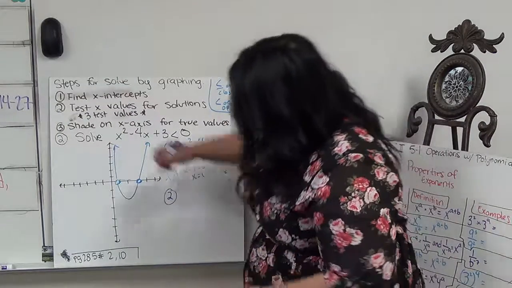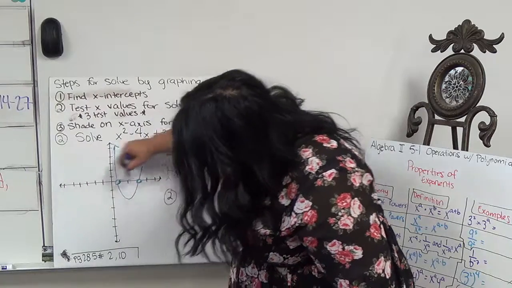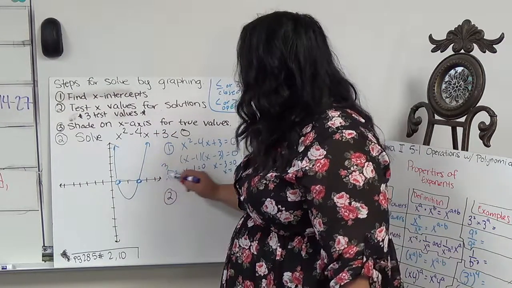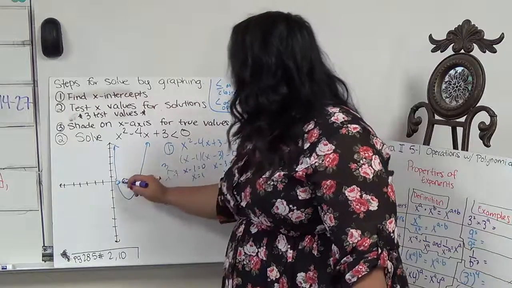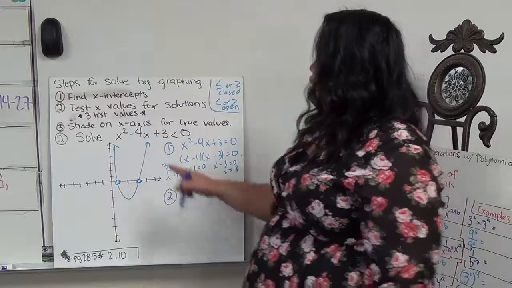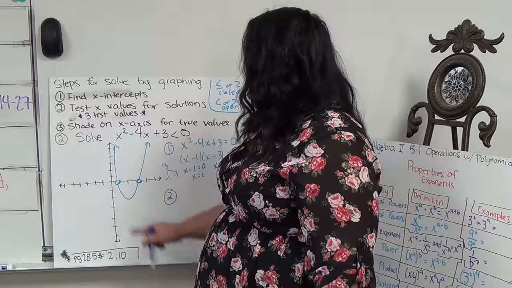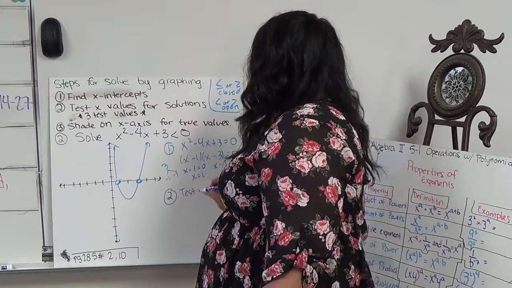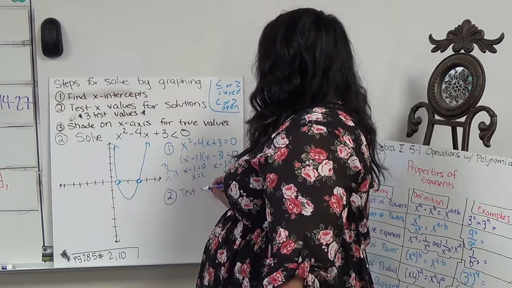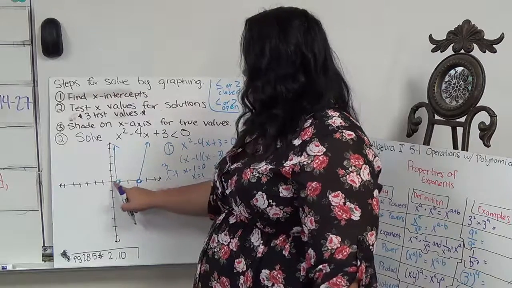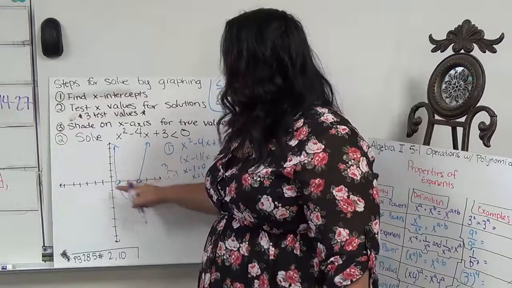Now, I need to find out where on the x's my solutions lie. It could be in between here. It could be just this side. It could be just this side also. Okay? So what I'm going to do is test an x for each one. So I'm going to test 3 numbers. I'm going to test x equals 0, that's for anything that represents this whole side.